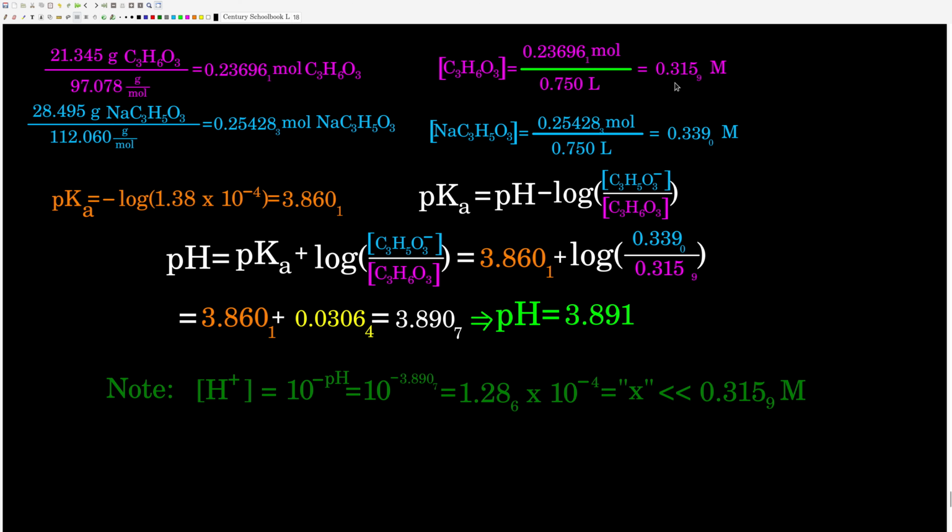And that's definitely way less than 5% of the smaller of these two numbers, which is 0.316 or so. So yes, we could use the Henderson-Hasselbalch equation, and you're going to like it because when you can use it, buffer calculations become really simple. And that's all there is to that, guys.